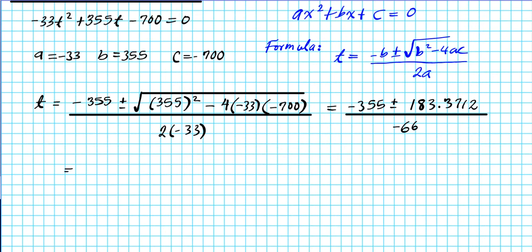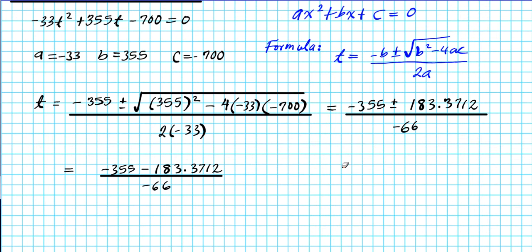Now you have plus or minus. This is where you split your equation into two parts. Okay, so that sign basically results in the separation. We have the negative part, negative 355 minus 183.3712. That divided by 2a, which is already expanded to negative 66.